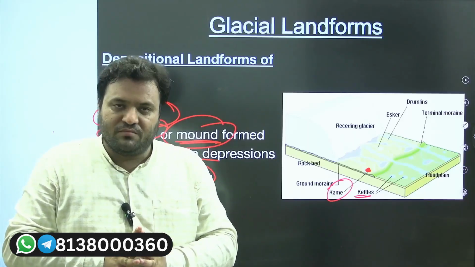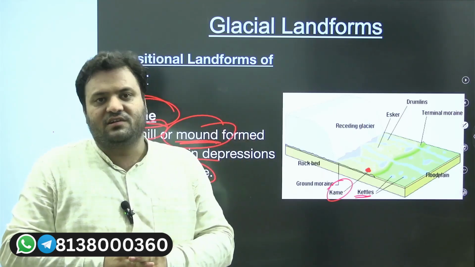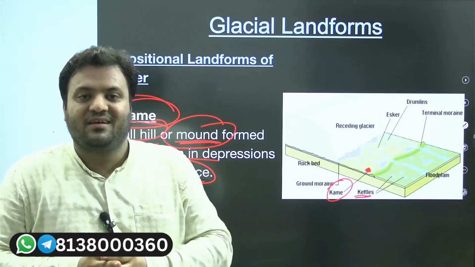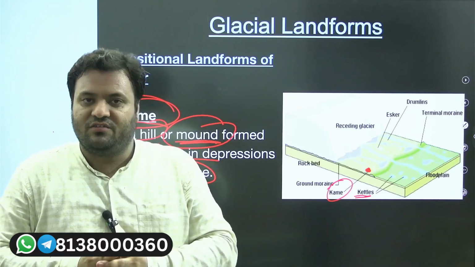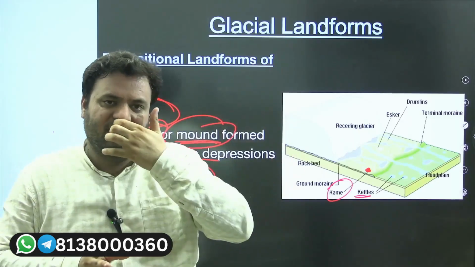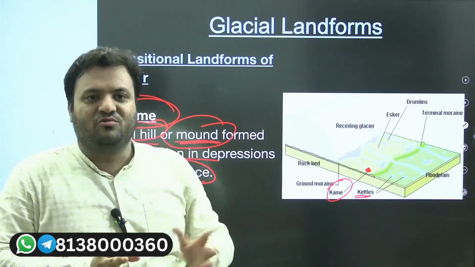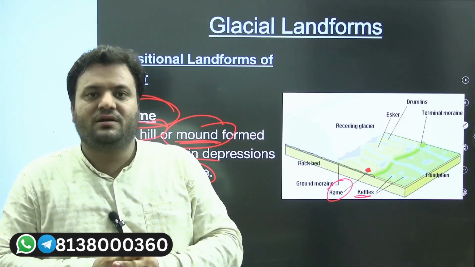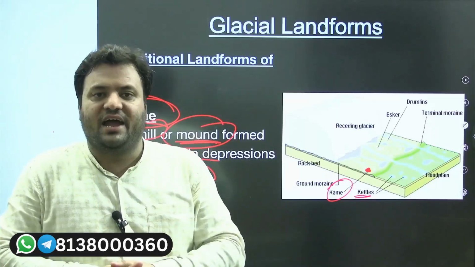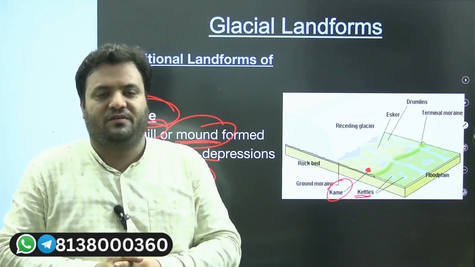The rest of them, if you want to see, you will find in Savindra Singh's Physical Geography. You will see there are more landforms in that. But we have to cover it in the generalized manner, and these images are also there in Savindra Singh as well. That's why I didn't get customized images well suited to the content of this class. However, whatever features I told you will be more than enough for UPSC purposes, even for geography.